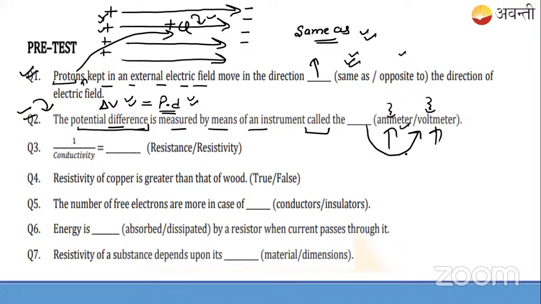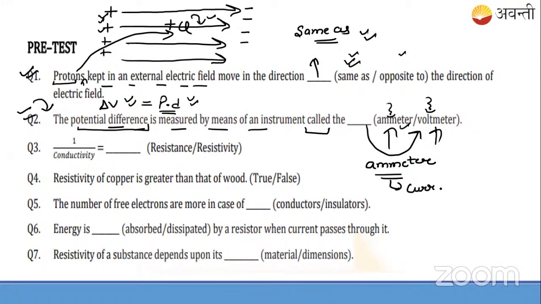So there are two kinds of instruments till now. Okay, you have studied this thing. कितने kinds of instruments are there? There are two kinds of instrument basically. Remember this always. So one is known as ammeter. Ammeter basically measures the current value.